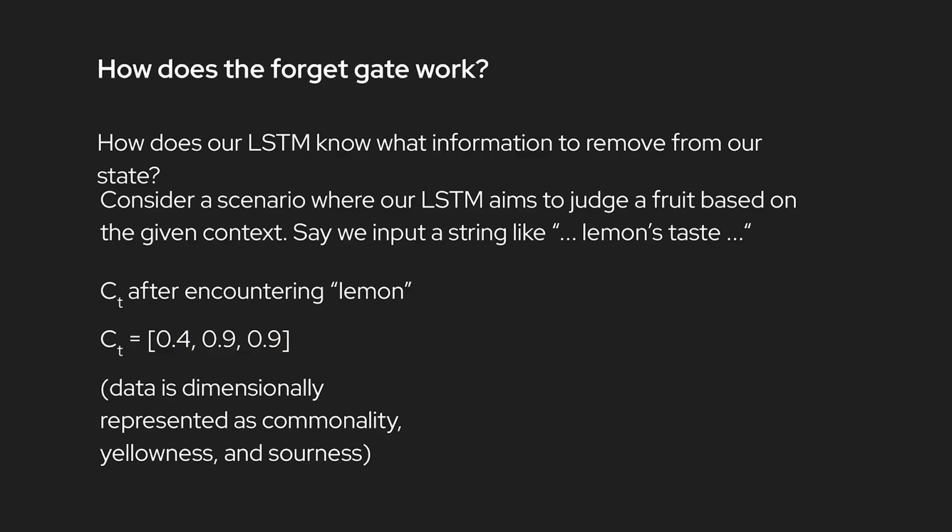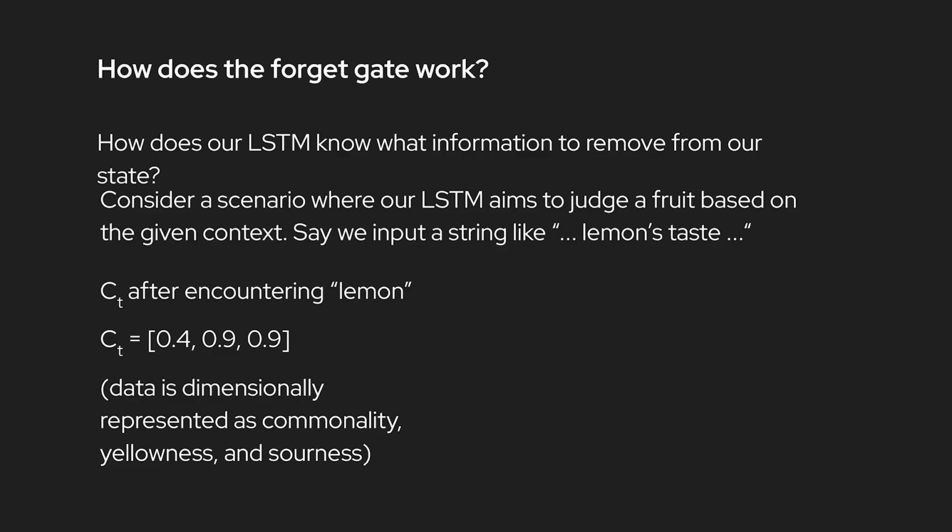This is a drastic oversimplification, but bear with me that it represents what our LSTM has learned to keep within the cell state. It is impossible to say exactly what these values might mean within the LSTM, as in this vector space, any dimension might represent hyper-complex relationships. But let's again oversimplify and say that these three values correspond to commonality, yellowness, and sourness.